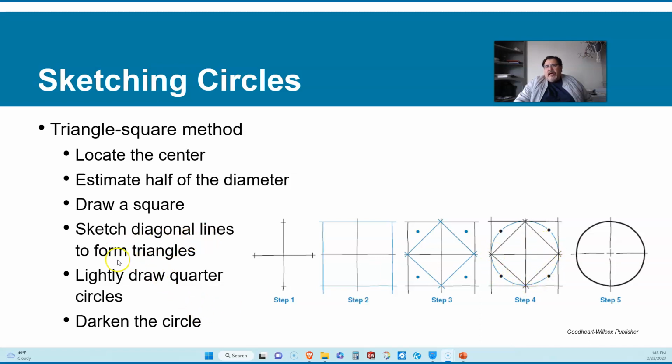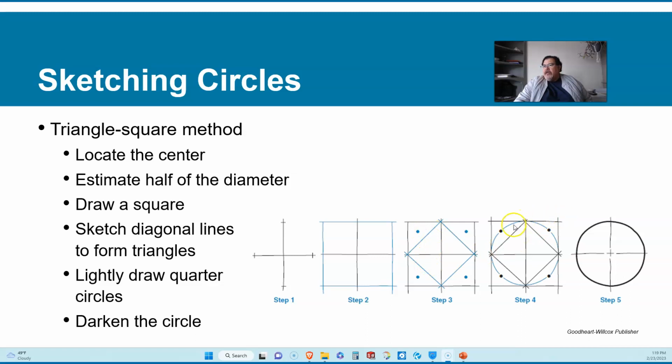So you sketch the diagonal lines to form the triangles, and then you lightly draw quarter circles. Why quarter? Because see, I got 1, 2, 3, 4 squares. And each square represents a quarter or a quadrant in this larger circle. So 1/4, 2/4.